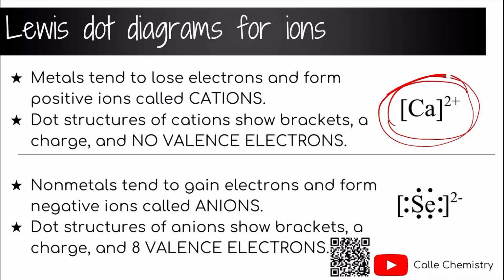You don't see any valence electrons around it. For nonmetals, they are the ones that gain electrons and form anions. The dot structures for anions show brackets and a charge and the 8 valence electrons.